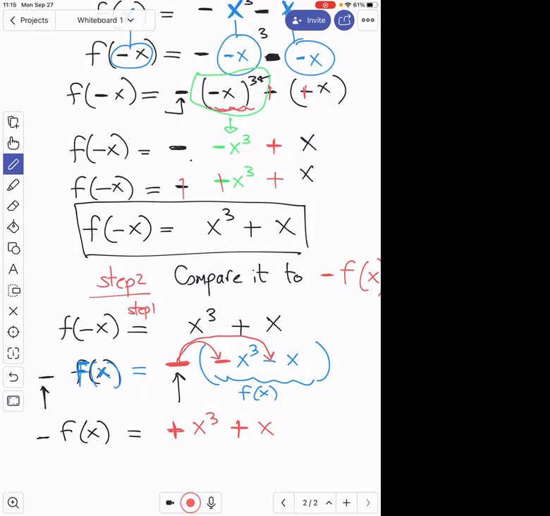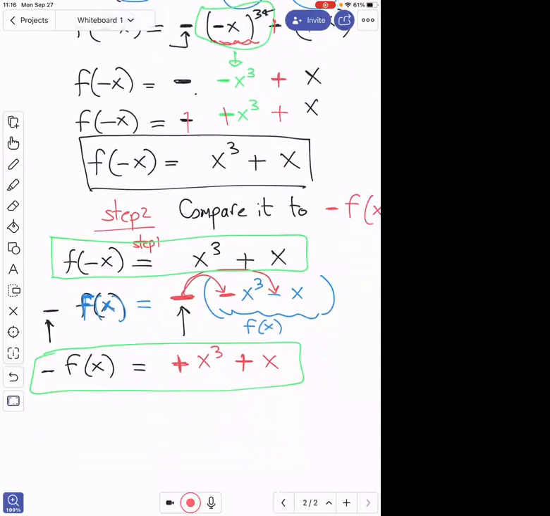Now you compare f of minus x to minus f of x. As you can see, this is f of minus x, that's what I got from the first step. And this is minus f of x. And as you can see, they are exactly the same thing. They are equal.